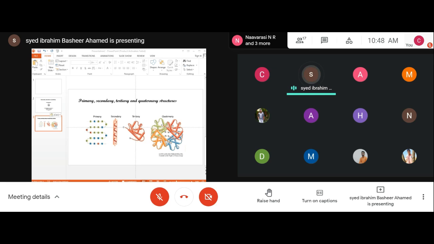And it may be a homopolymer or heteropolymer. It depends upon the protein. So we have diverse structure, diverse function, diverse globular arrangement.